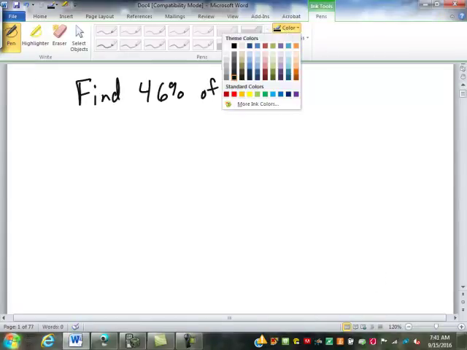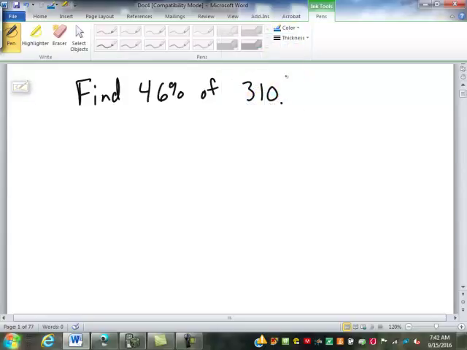So when you broke this down, and I'm anticipating that different ones you broke this down differently. How did you break down the 46%? So 4 tens and 6 ones. Okay. So 10, 10, 10, 10, 1, 1, 1, 1, 1, 1.